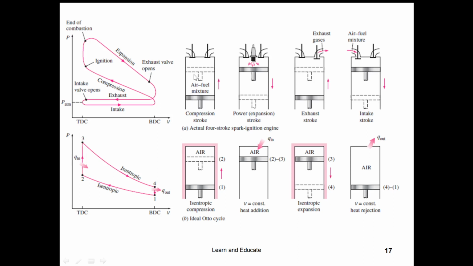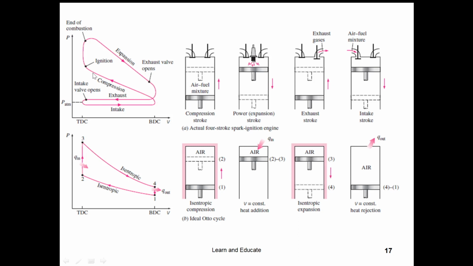Then the third stroke is the expansion stroke. So you can see here intake, which is usually taking place at a pressure less than the atmospheric pressure. Then only we can take in the air fuel mixture from outside into the engine through the manifold.